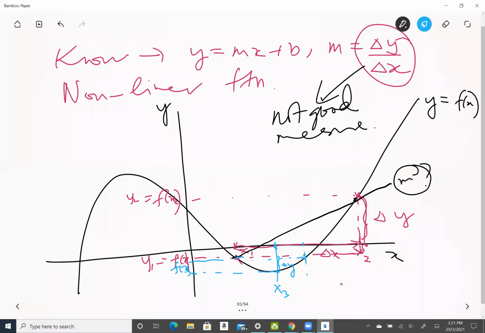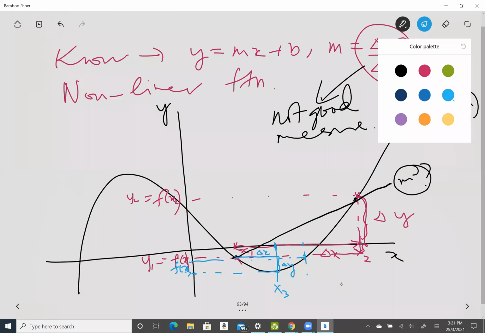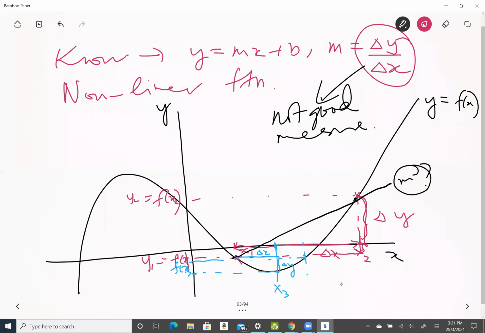Delta x is this thing here. So the slope will be something like this. That is the m. Now, if you look at this smaller change in x, that will correspond, of course, to a smaller change in y. So you get the ratio delta y over delta x, you get the value m.